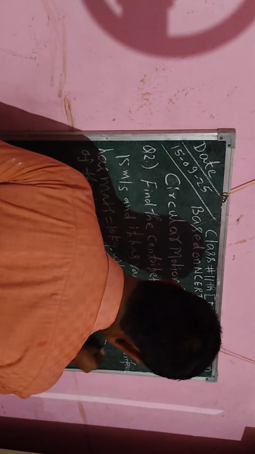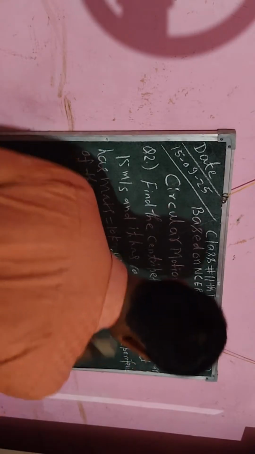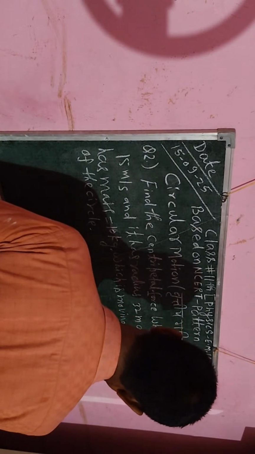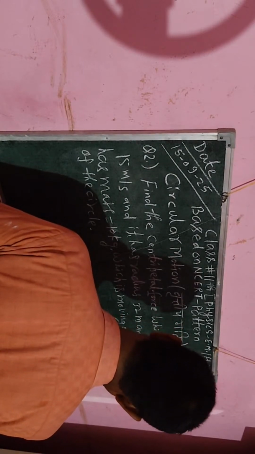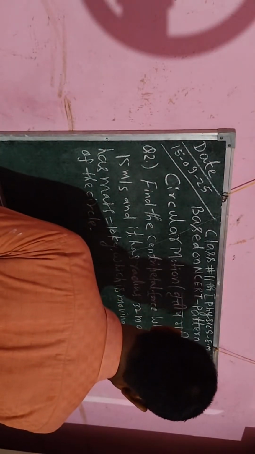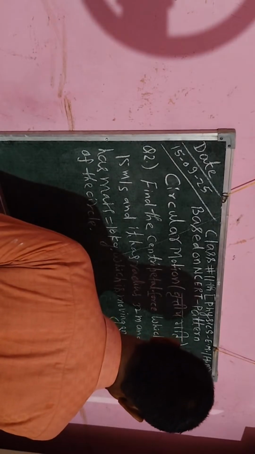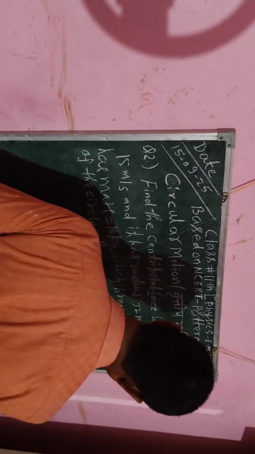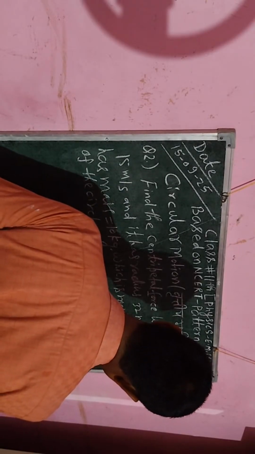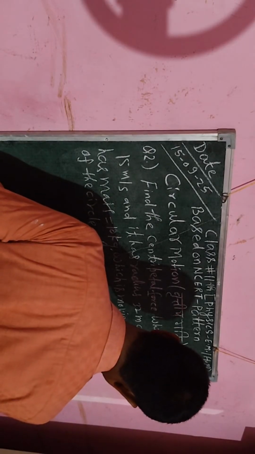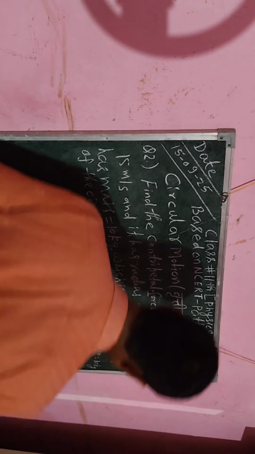So here I will draw its diagram. There is one circle, one particle is moving, and that has linear velocity v equal to 15 meter per second, and this particle has mass m equal to 10 kg.